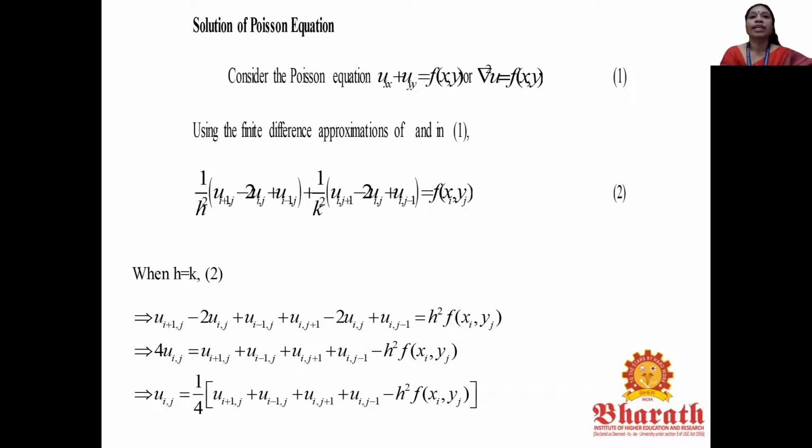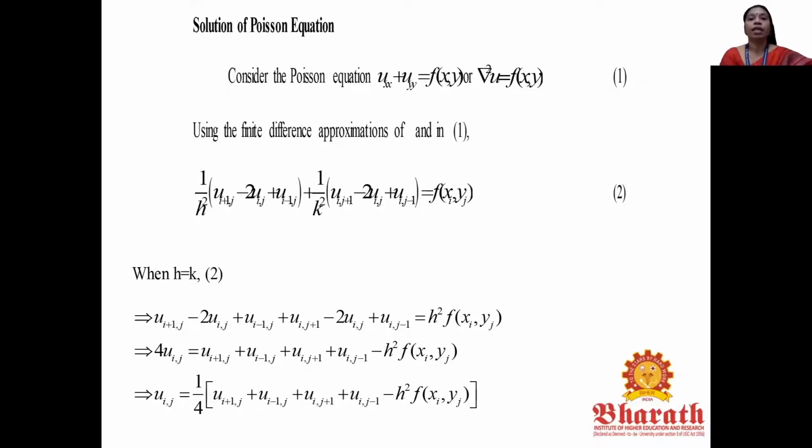So using the finite difference approximations in equation 1, 1 by h square into u of i plus 1 comma j minus 2 into u of i comma j plus u of i minus 1 comma j, plus 1 by k square into u of i comma j plus 1 minus 2 u of i comma j plus u of i comma j minus 1 is equal to f of xi comma yj. This can be written as equation number 2.